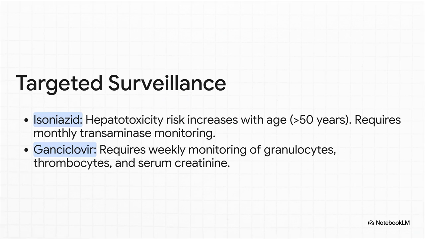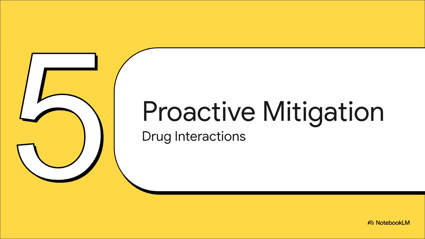The risk of hepatotoxicity shoots up after age 50, which means monthly liver function tests are mandatory. For ganciclovir, on the other hand, the risk is to the bone marrow and the kidneys, so that requires weekly checks of blood counts and creatinine. The crucial point here is that for drugs like these, proactive surveillance is the only way you're going to catch and prevent severe complications.